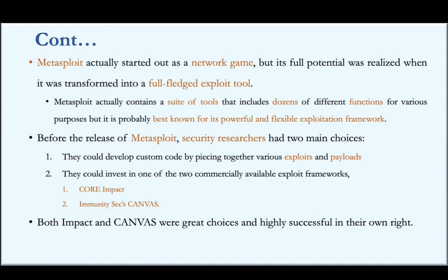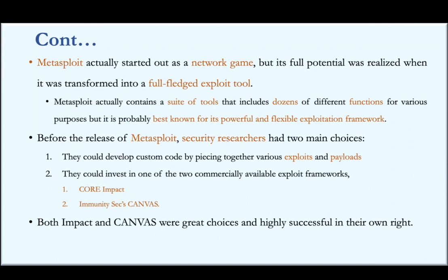Metasploit was different from everything else because hackers and pen testers had access to a truly open source exploit framework. This means that everyone could access, collaborate, develop, and share exploits with each other.